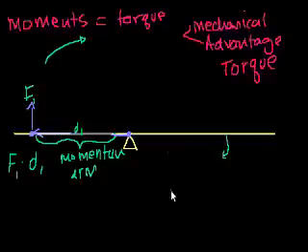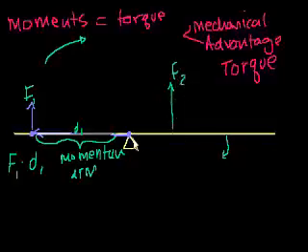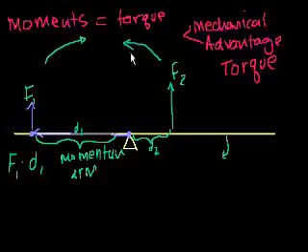And the only way that I can keep it from happening is if I exert some upward force here. So let's say that I exert some upward force here that perfectly counterbalances, that keeps this whole seesaw from rotating. F2. And it is a distance, D2, away from our axis of rotation. But it's going in a counterclockwise direction, so it wants to go like that.